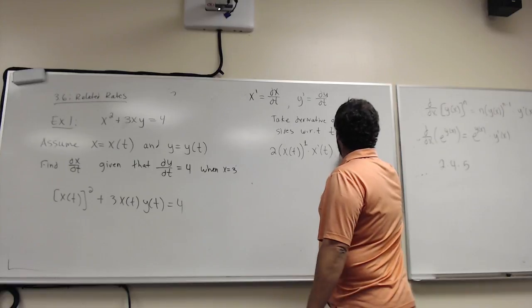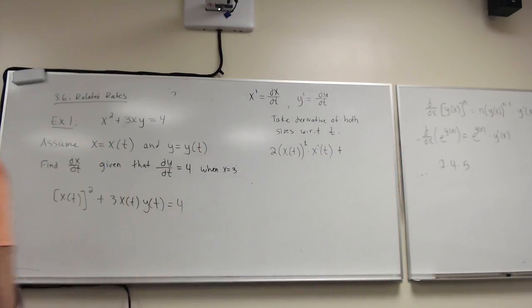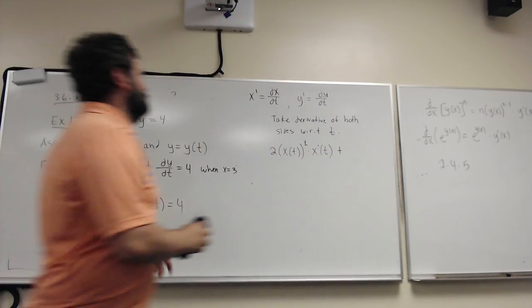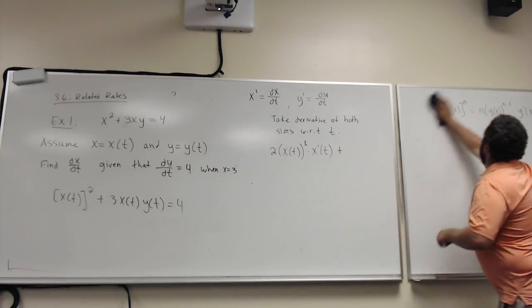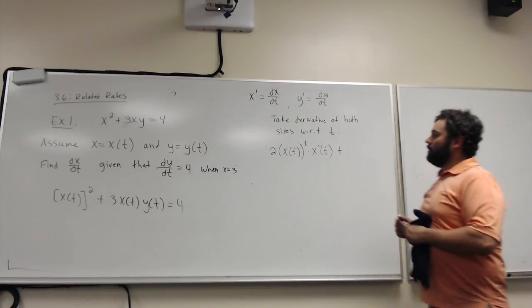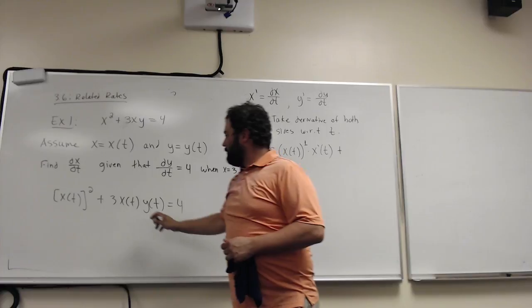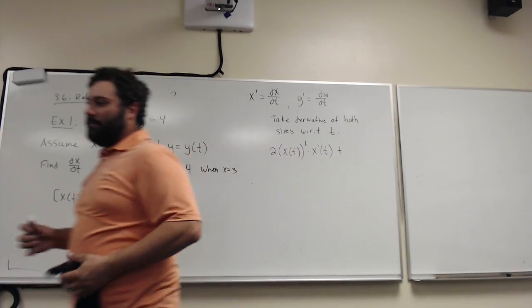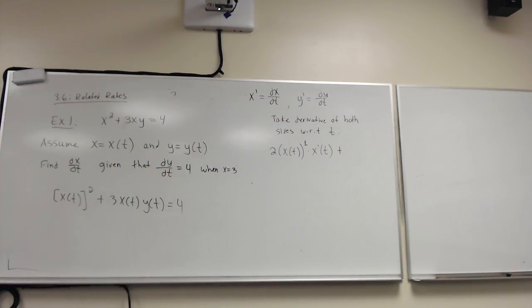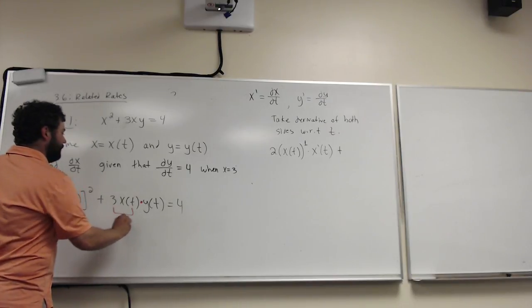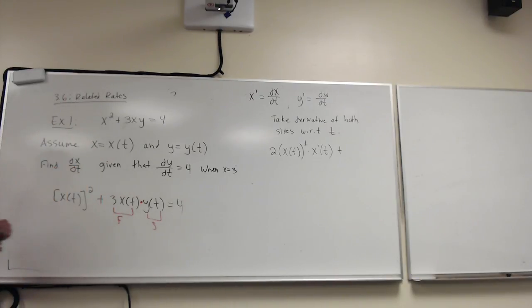And I didn't leave myself much room again, plus... Okay, so over here what do we have? I have 3x of t times y of t. So that's really a product. Okay, and this time I can write this down. That's the first function. That's the second function.